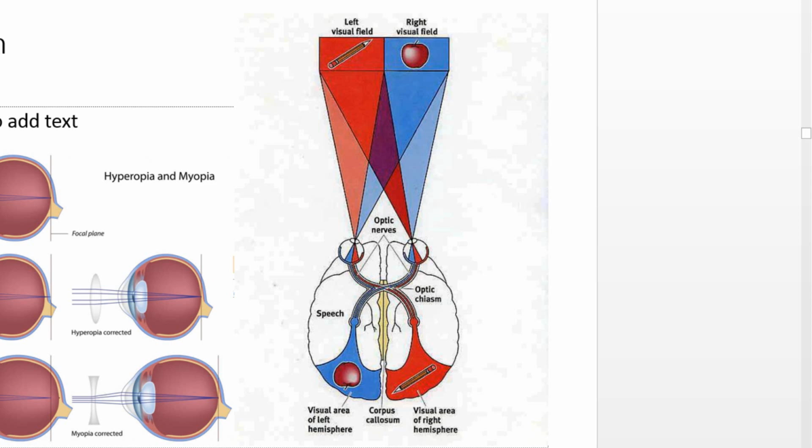Because anything in their right visual field follows a pathway of light that lands on the left side of their eye. And the left side of the eye for both eyes gets wired to the left hemisphere's occipital lobe. Therefore, once we damage the left hemisphere's occipital lobe, the person loses the ability to see anything on the right-hand side. And the reverse would, of course, be true if we shot nails into the occipital lobe of the right hemisphere as well.